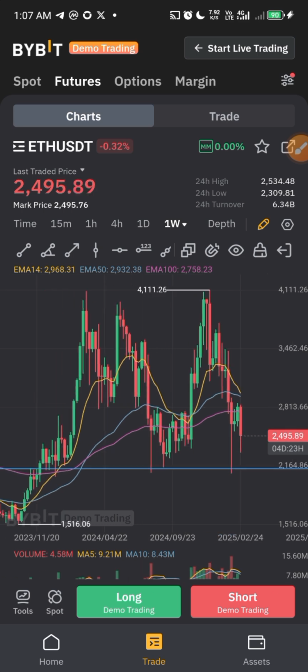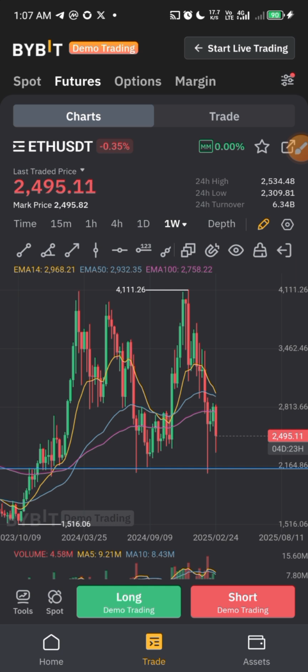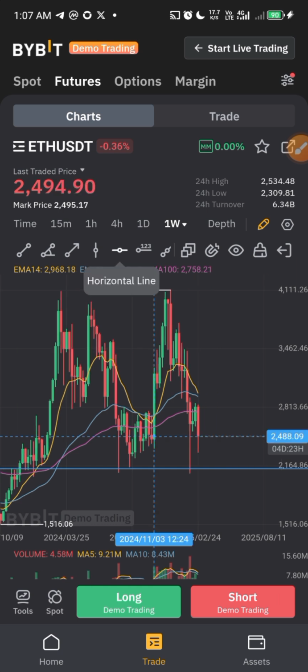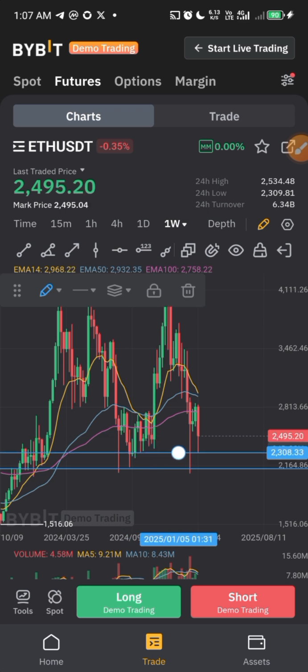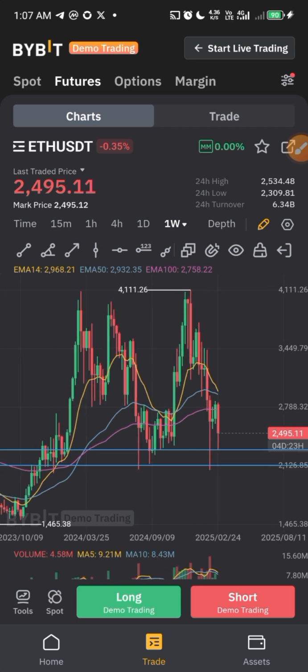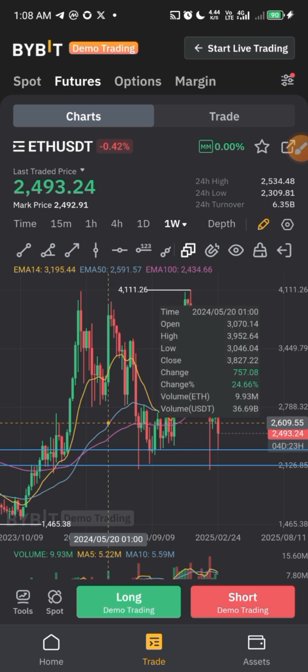So that is my first level of support. Now let me draw another one using this zone. So that is my second level of support, right? So now I have my zone. You can see that is my zone. Let me see.